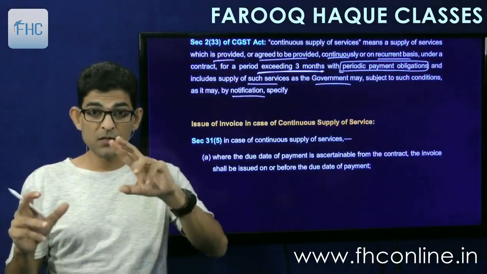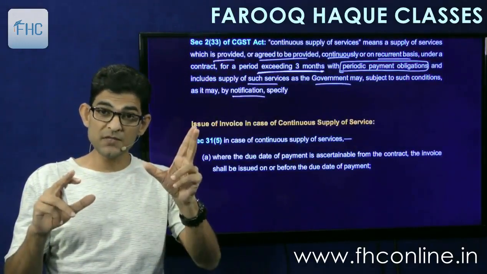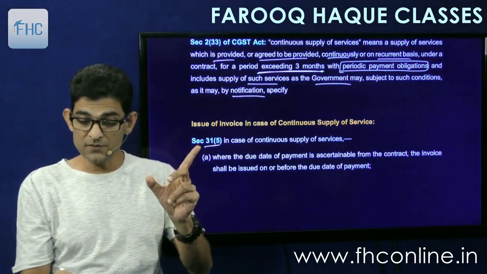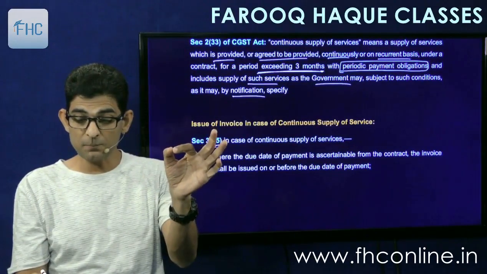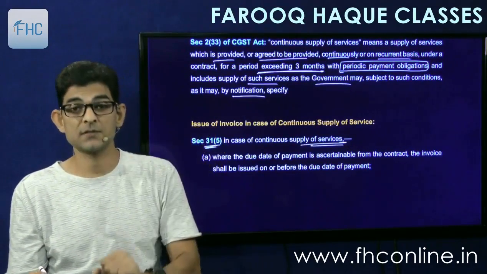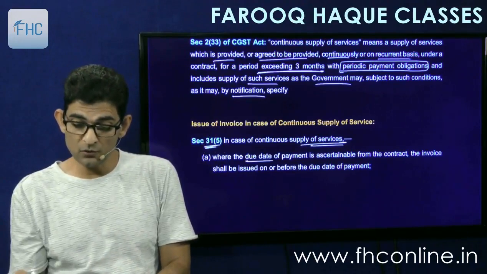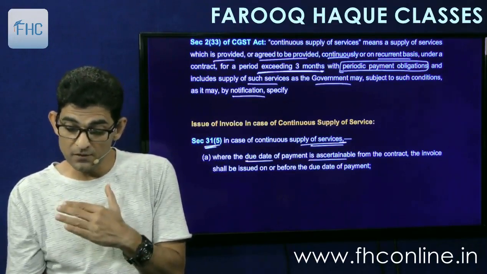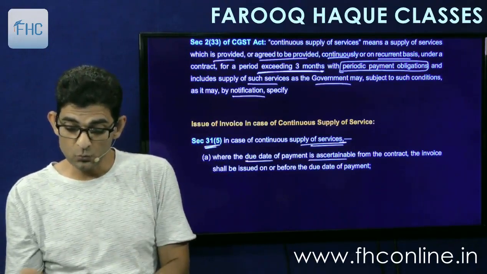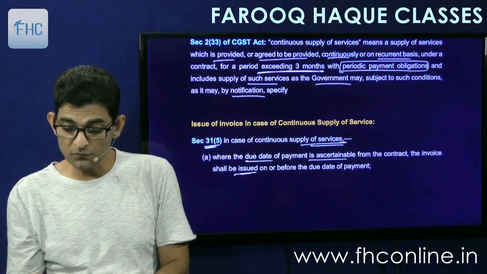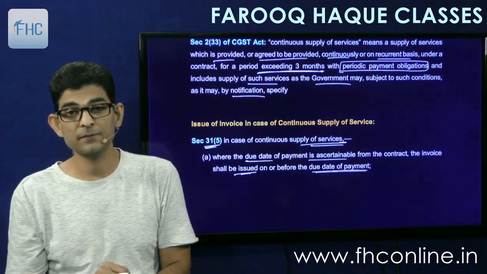Now what invoice section says about continuous service? Let's see. 31.5 says that in case of continuous supply of services where the due date of payment is ascertainable from the contract, the invoice shall be issued on or before the due date of payment.